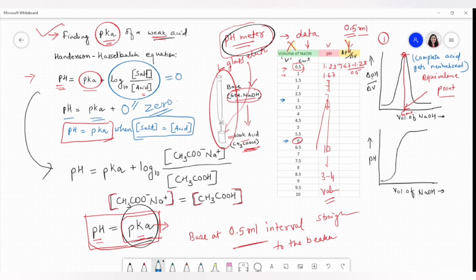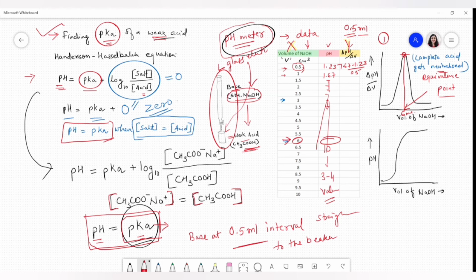Let's try to understand, and you will never forget this calculation part if you understand this properly and if you pay attention over here, right? So now the next important thing is, now we have got the equivalence point, which is 6 ml, right? So the value corresponding to this will be here, nothing but the value where the complete acid has got neutralized.